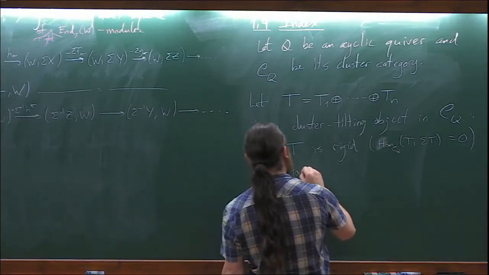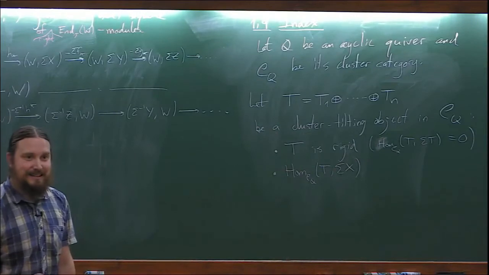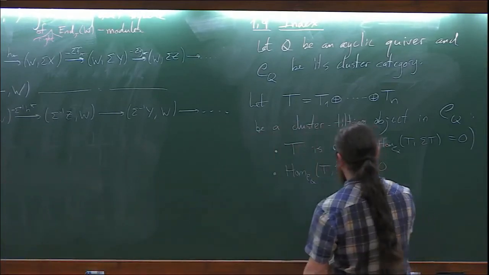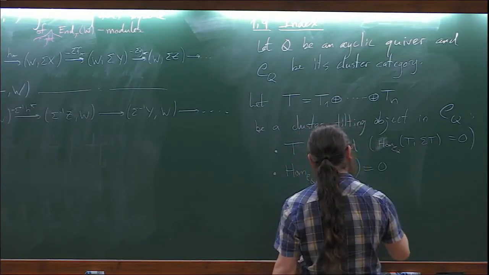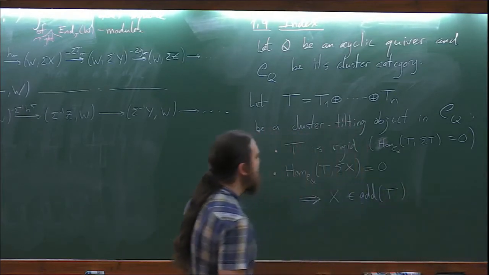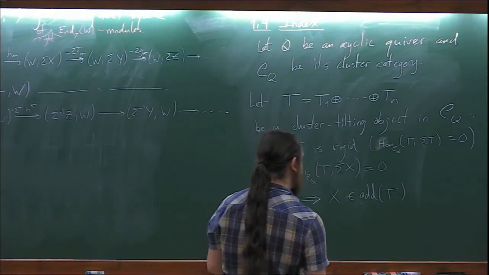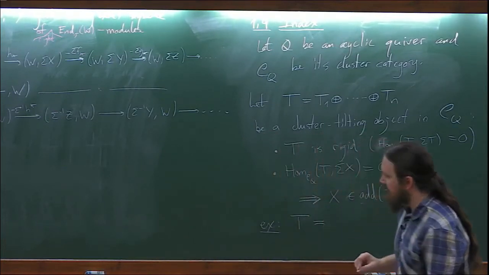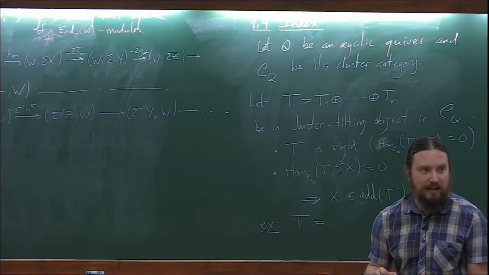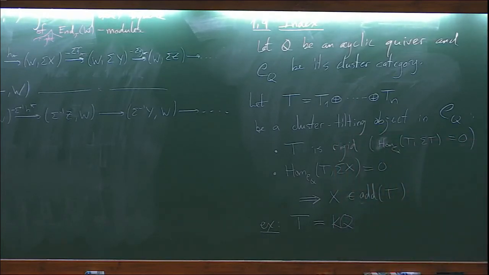So if you have another object X that has no extensions with T, such that this vanishes, then this object X looks a lot like T. It is a direct sum of direct summands of T. And for example, you can take T to be the image in the cluster category of the path algebra itself. Or you could take T to be any of its suspensions.